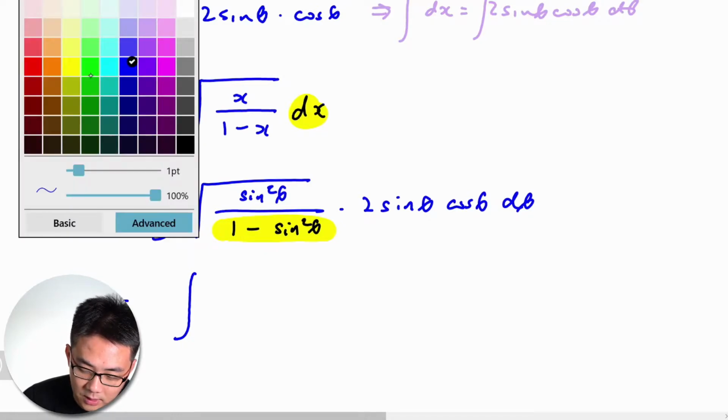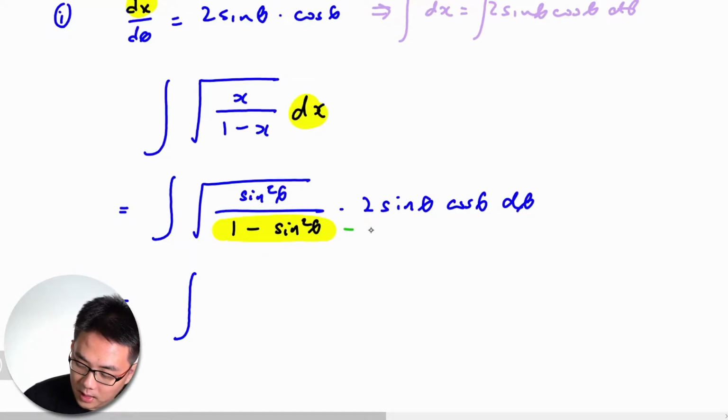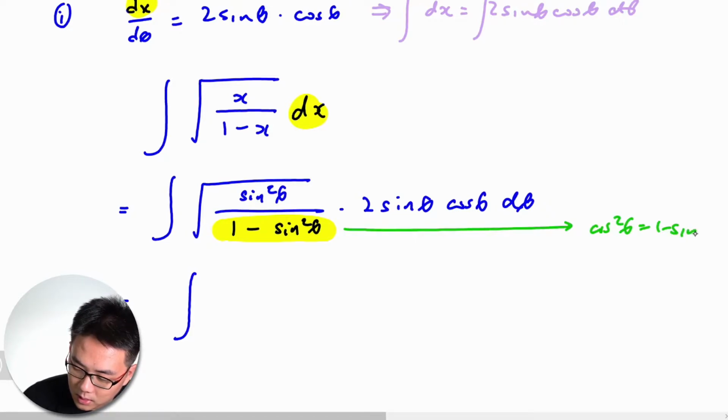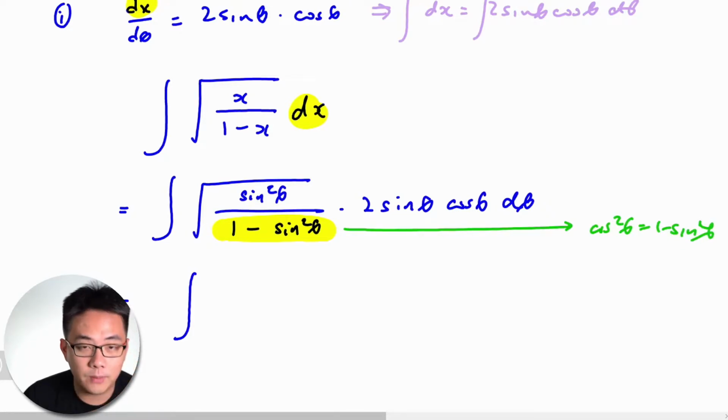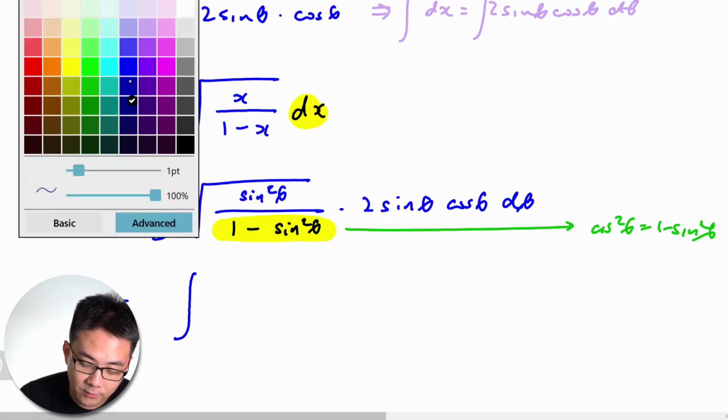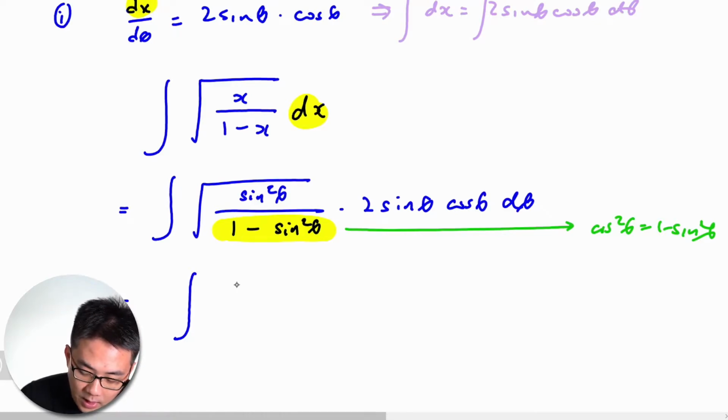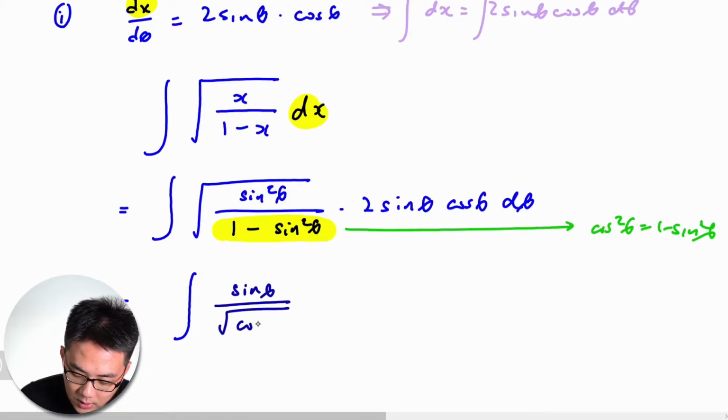You should be able to tell that this is cosine square theta. Because if you want to get rid of the root, if you square root it and simplify it, it would be much better. So this is sine theta on top, and square root cosine square theta below.